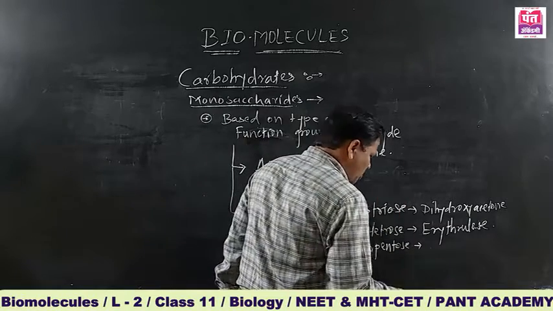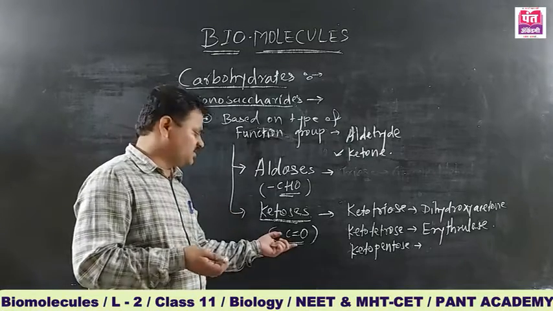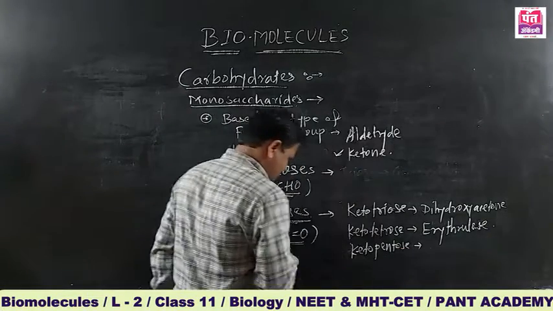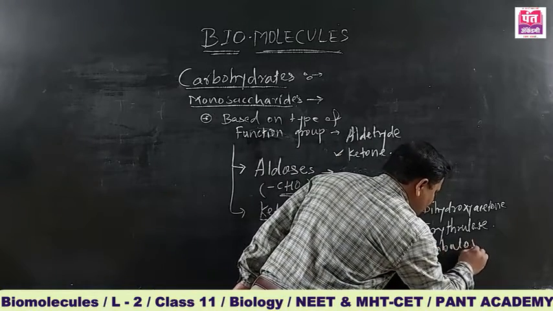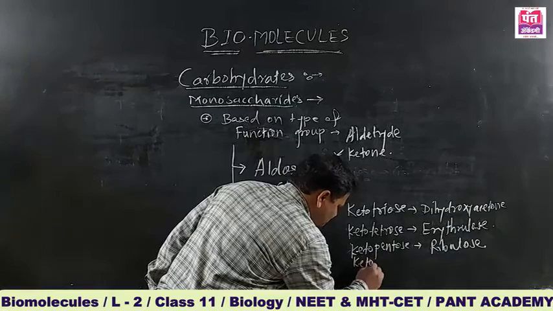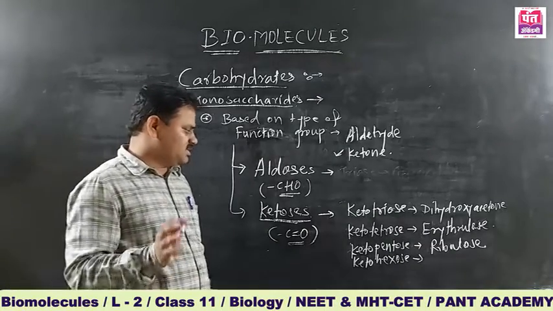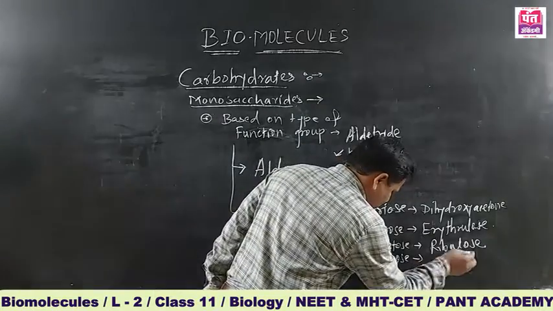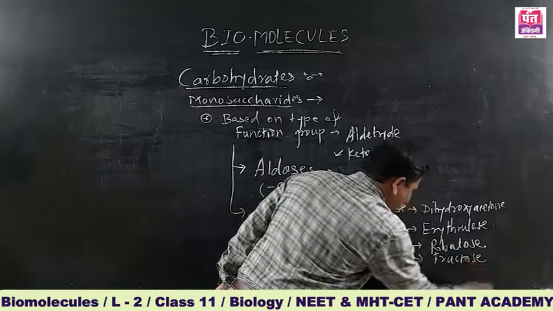A ketopentose is an isomer of the aldehyde type of pentose sugar, ribose, and an example of a ketopentose is ribulose. When we look into the hexose sugar, that is a ketohexose. It is a 6-carbon monosugar containing a ketone as a functional group, and an example is fructose, a ketone sugar.